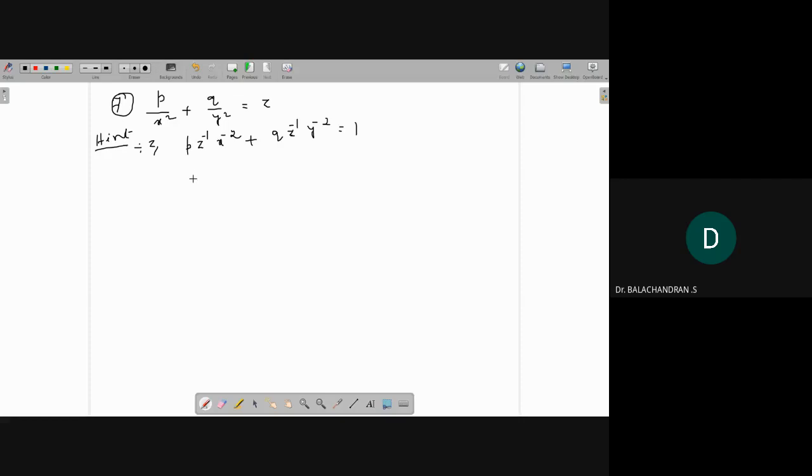So here, capital M and N. What is m? Minus 2, and n is minus 2, and k is minus 1. So now this is reduced to a function of p and q. Suppose if you keep z on the right hand side, if you don't divide by z, then you'll have p x power minus 2 plus q y power minus 2 equal to z.